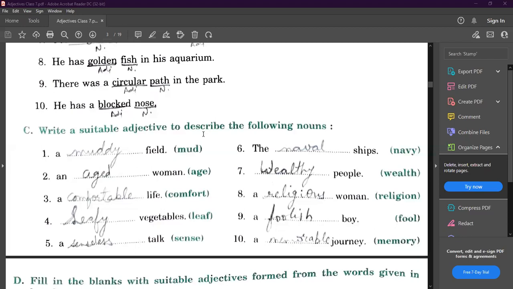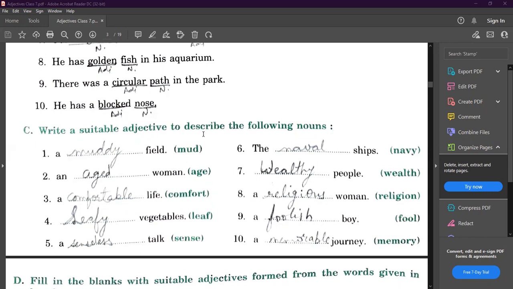A comfortable life. Leafy vegetable, a vegetable with leaves. A senseless top. The naval ship. Wealthy people. A religious woman. A foolish boy. A memorable journey.